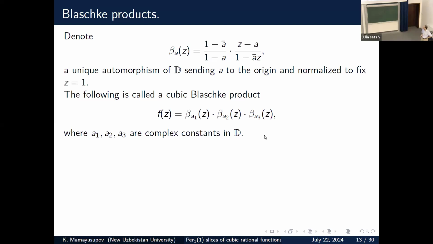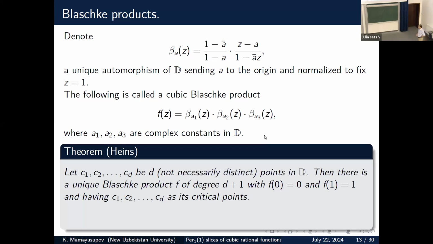As you can see, to give Blaschke products, you can give its roots, yeah? Or you can give its poles, yeah? But we need critical points. So we need to control through critical points. Here is a theorem of Heinz. If you have any number of points, they are going to be the critical points of your Blaschke product.